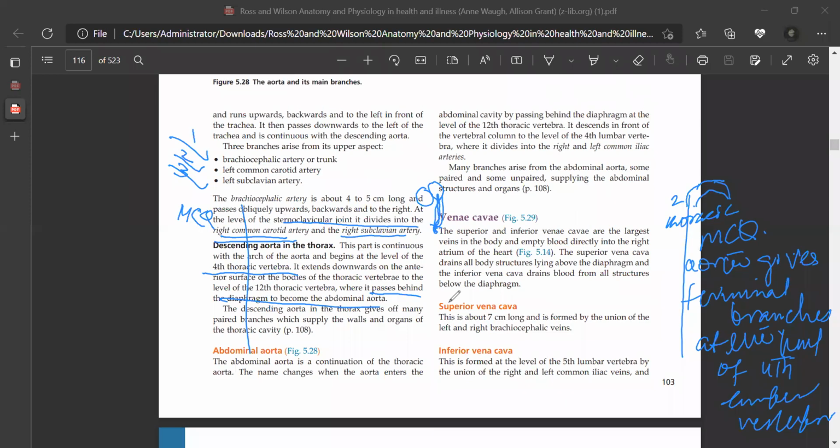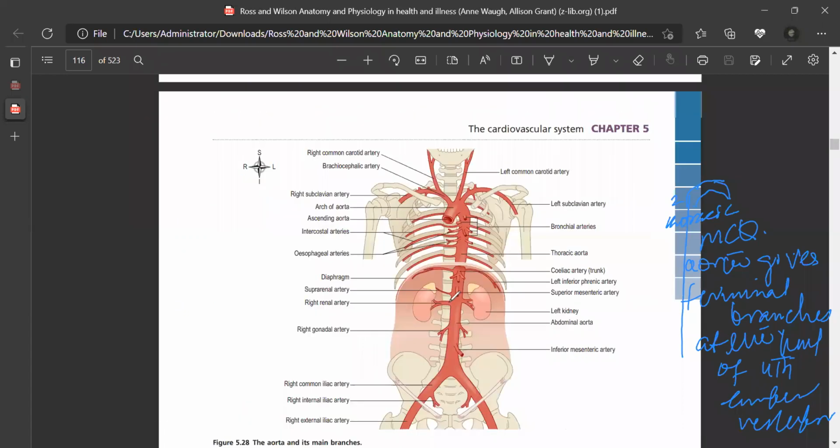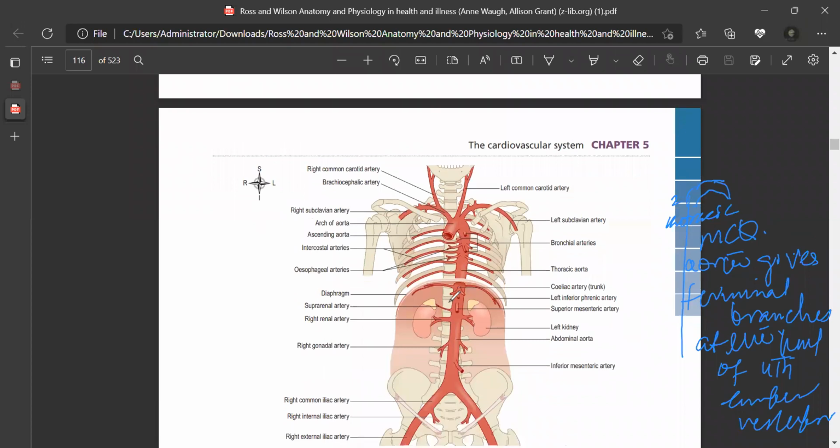Now, the descending aorta in the thorax, that is the thoracic part of the aorta, gives many paired branches in this region, which supply the wall and the organs of the thoracic cavity. We will do these branches one by one.